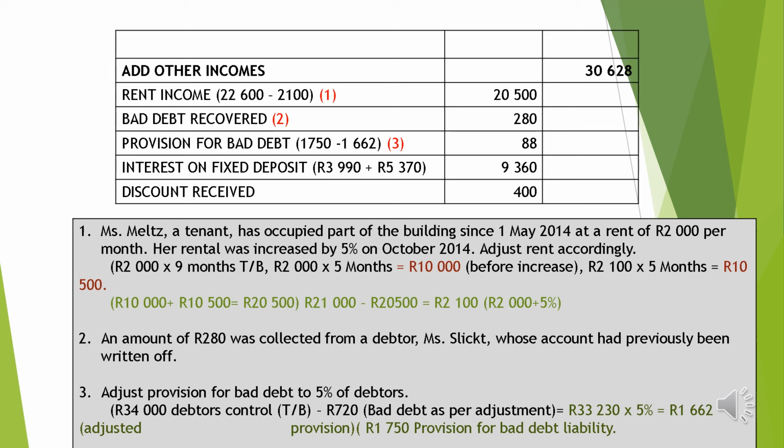Then we will add all incomes, then we will get a total amount of incomes, which is 30,628, which will have a positive effect on your 375,600 of your gross profits.